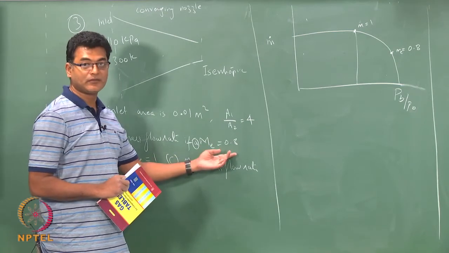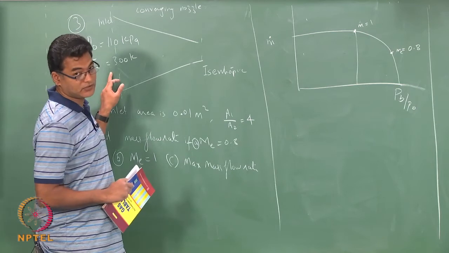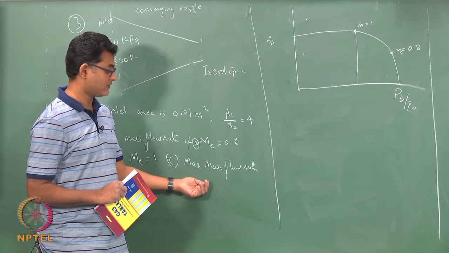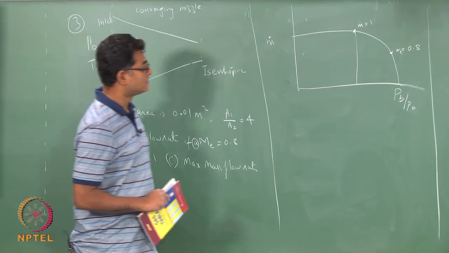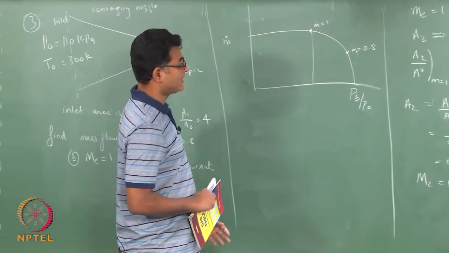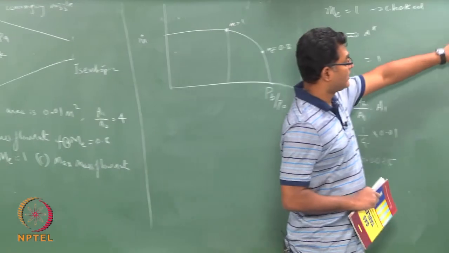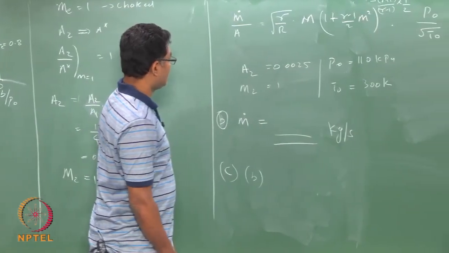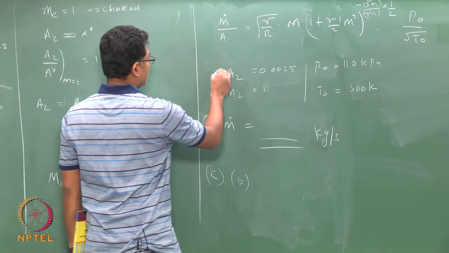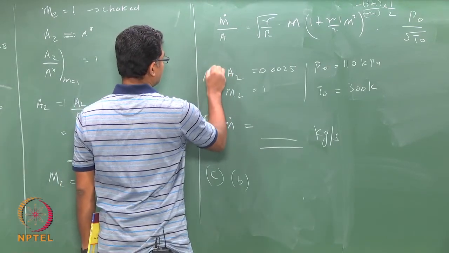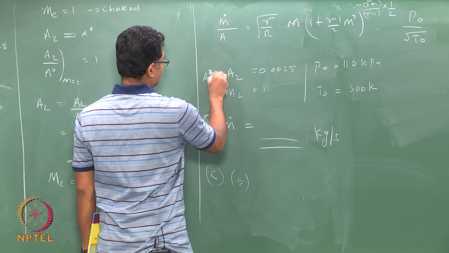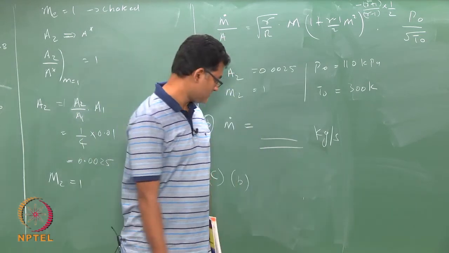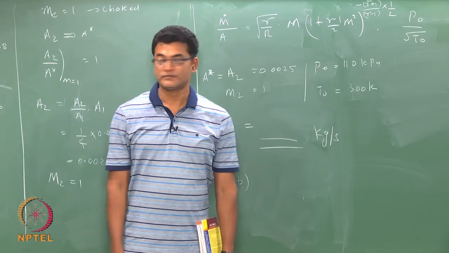Somehow we have attained 0.8, keeping P0 and T0 constant, and then computed the mass flow rate. Okay. So, depending on your P0 and T0, you can attain your m star. So, the important point here is A2 is also your A star once the choked condition is reached.